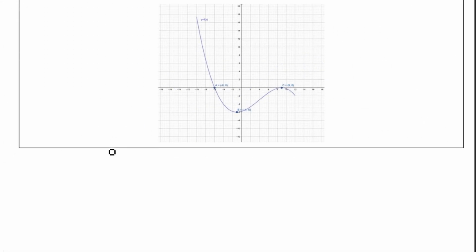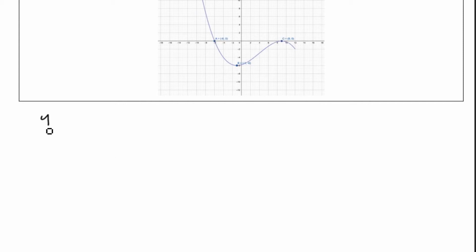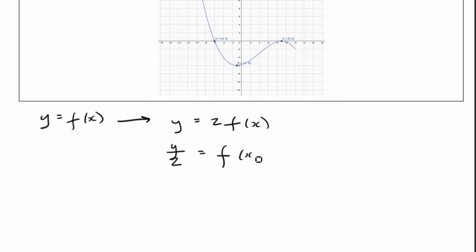Firstly, if we want to go from y is f of x to y is 2 lots of f of x, it might be better for us to write this new version as y divided by 2 is f of x.